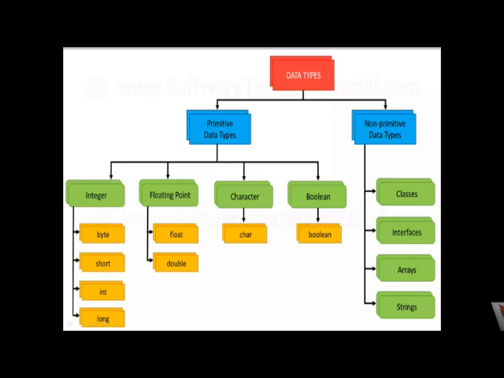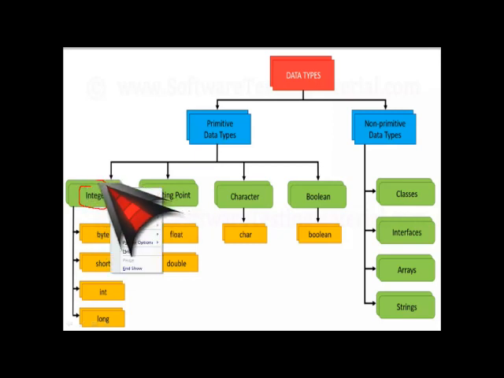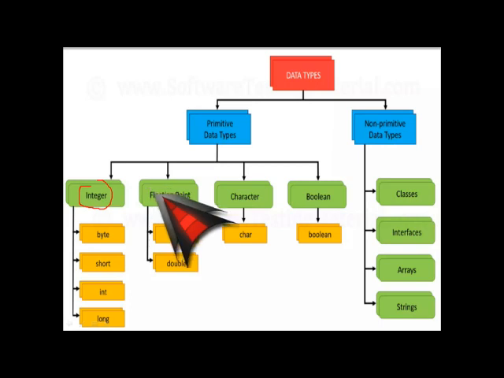Okay. These data types are coming from their own classes called Integer, Floating point, Character and Boolean. That is why their first letter is capital.